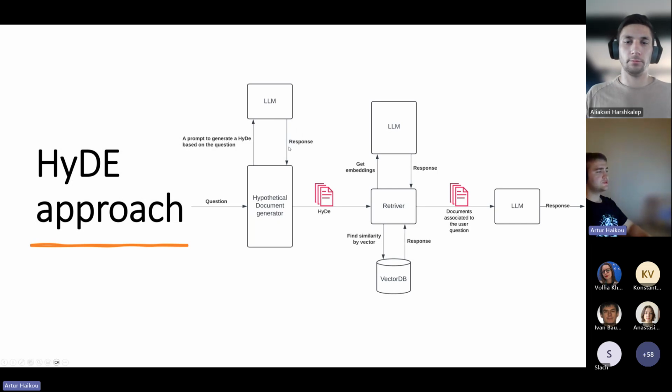And as soon as we return this document, now the retrieval will work with the hypothetical document rather than the user's original question. Based on this document, we will return embeddings for it and try to find similarity by the vectors generated for this hypothetical document. As soon as we receive them, we send all documents that are similar to the hypothetical document to the LLM as a context. Yeah, it's the last approach from my list.